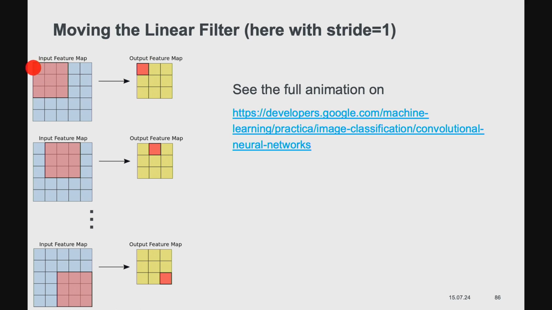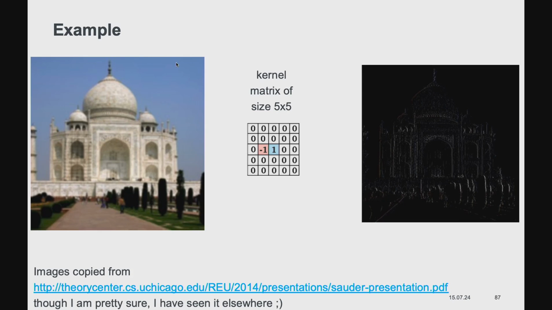And you do this by placing it in this position, in the next position, and then you continue sliding until you get to the last position. And so as an output, every position leads to one value. And with this example kernel, you would produce this kind of output, which is just one pixel smaller to the left, to the right, to above, and to below than the original input.